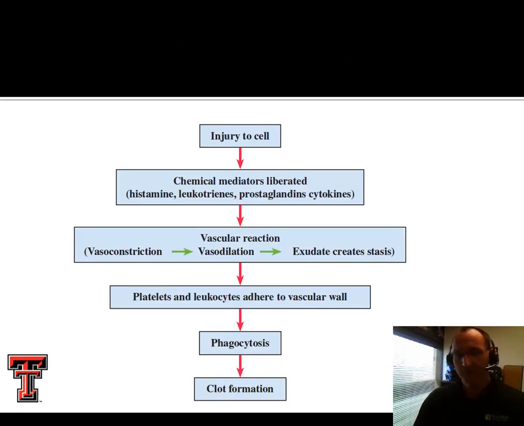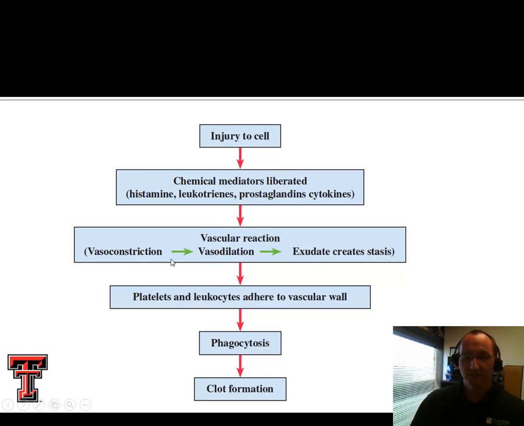Now, unfortunately, most of the time our athletes, our active patients, don't heed that, and they will try to play through. Okay, so we get this injury to, let's say it's a ligament cell in our ankle. So these chemical mediators are released. That results in this vascular reaction.